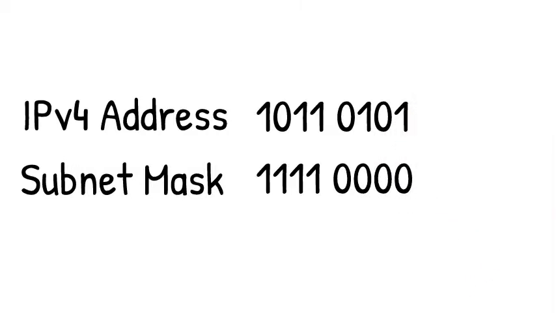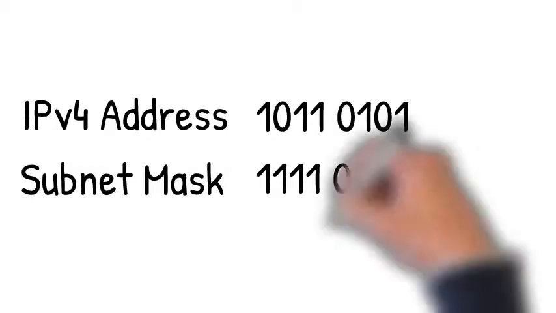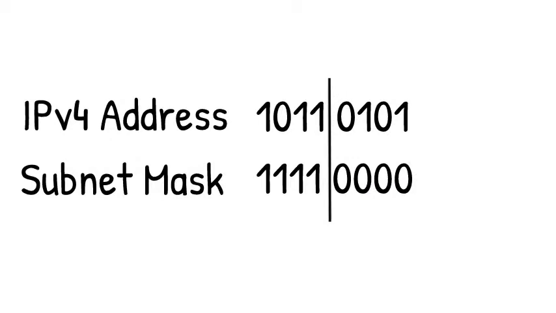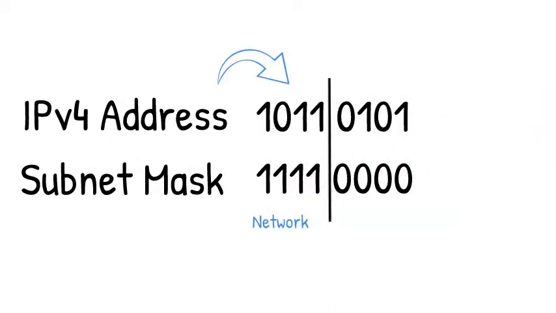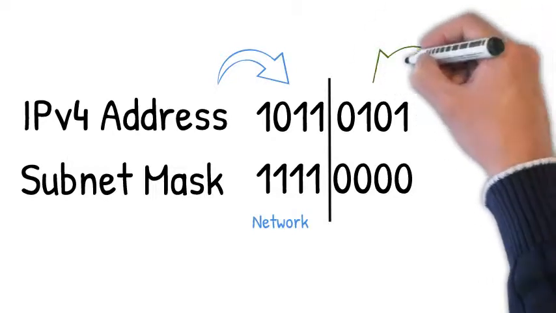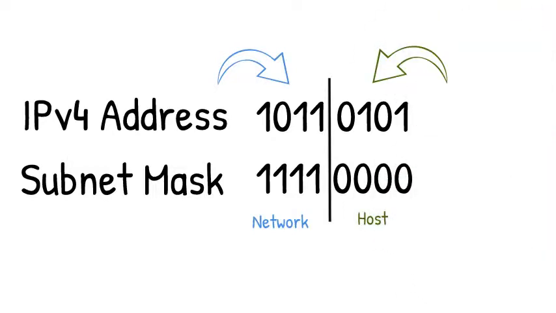So we're going to find where the subnet mask's list of ones end, and right here between the ones and the zeros in the subnet mask, we're going to draw a vertical line. Now everything to this side of the line becomes part of our network address, and everything to this side of the line becomes part of our host address.